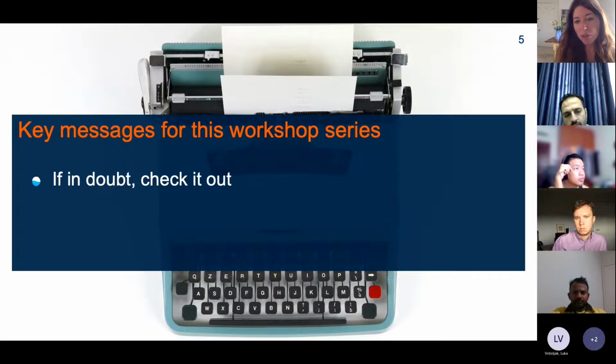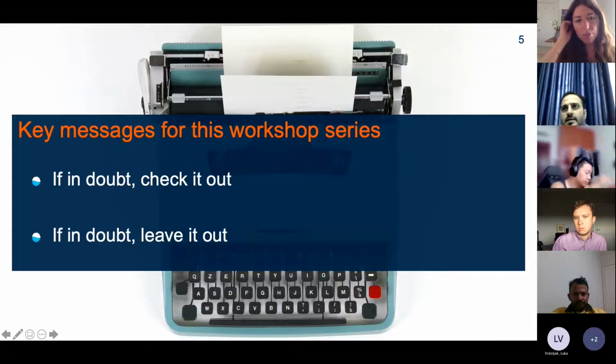Even when you're writing, it comes down to basic things like checking grammar, syntax, and using spell checker functions. Even at that level, it's always important to check that everything is as accurate as possible. So that would be my first message.